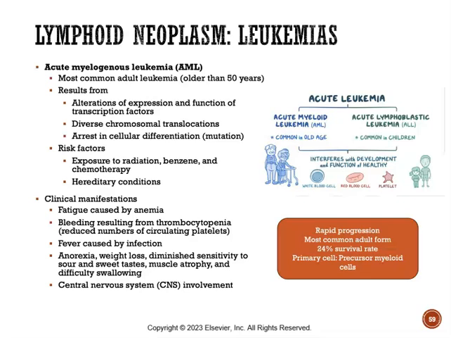So risk factors for this would include, again, radiation exposure, that benzene chemical we talked about, chemotherapy, and hereditary conditions. And just like the other acute leukemia, this will progress rapidly, and patients often are going to present with symptoms like fatigue from their anemia, increased bleeding due to having low platelet counts, and fever from infections.